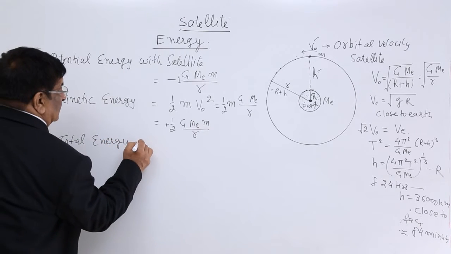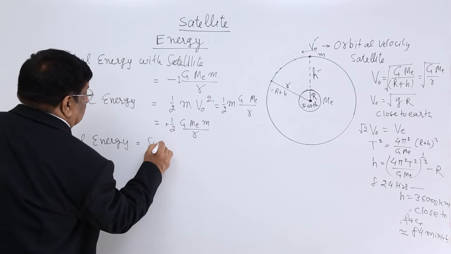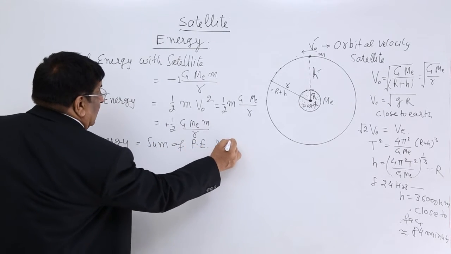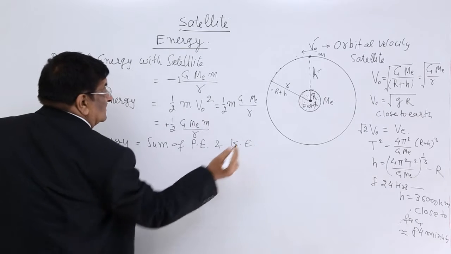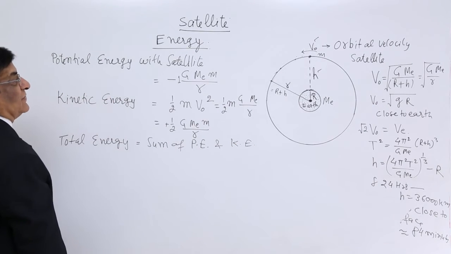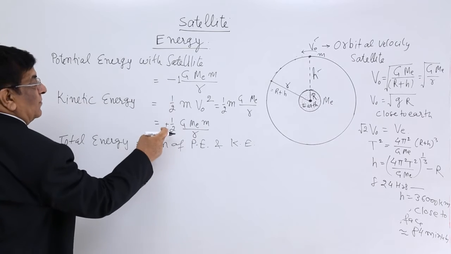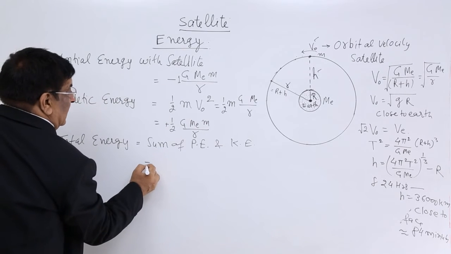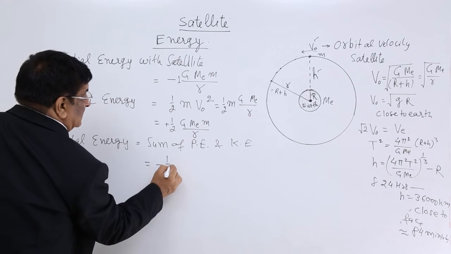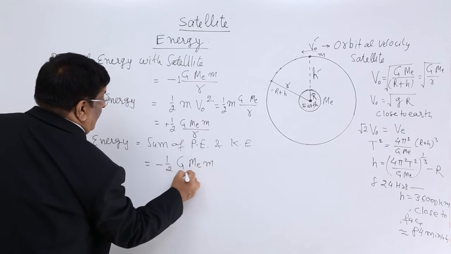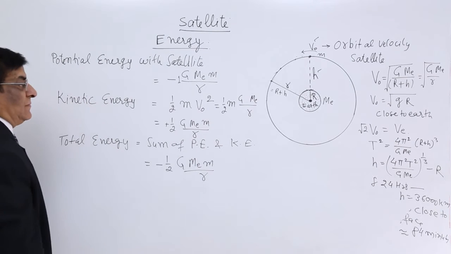Total energy is the sum of potential energy and kinetic energy. If you make the sum of the two, what you get is minus half G Me m upon r.